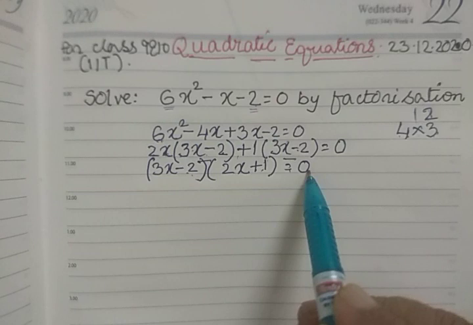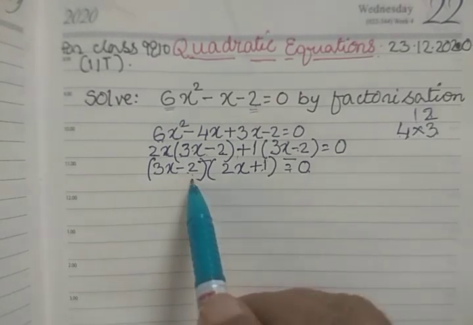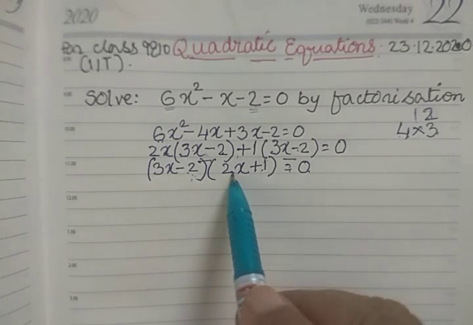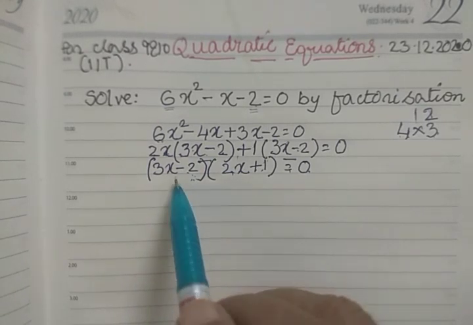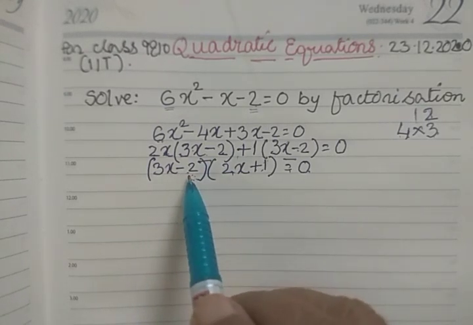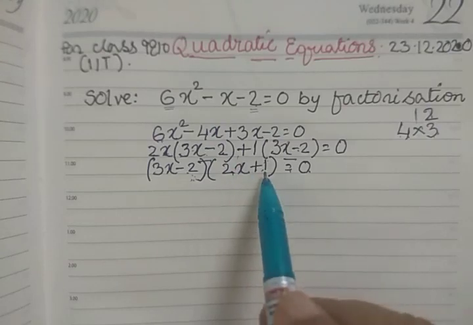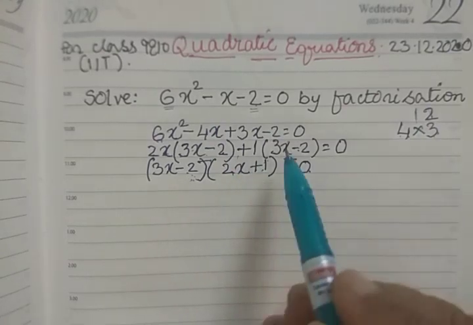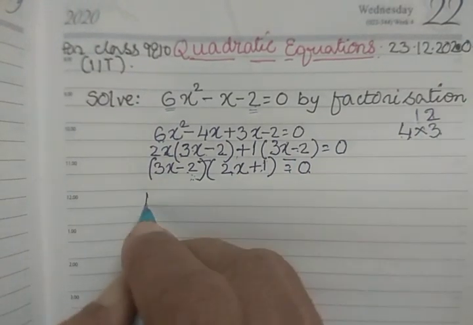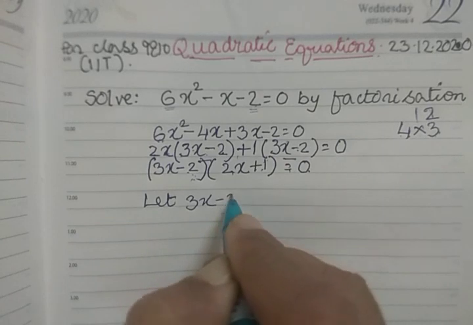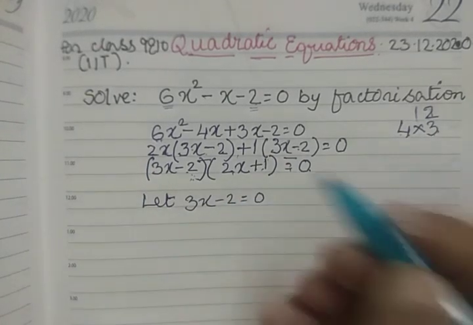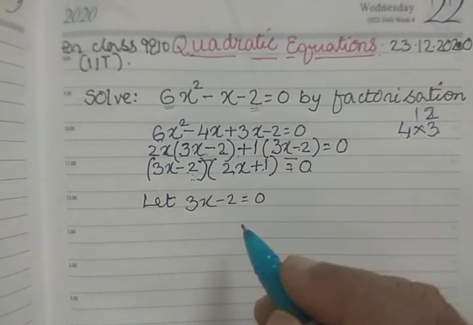That means if either of these two factors, 3x minus 2 or 2x plus 1, becomes 0, then the product becomes 0. So first let us take 3x minus 2 is equal to 0. Clear?